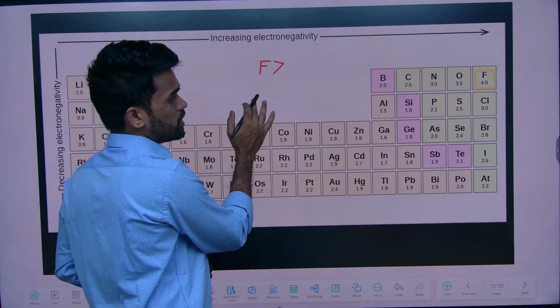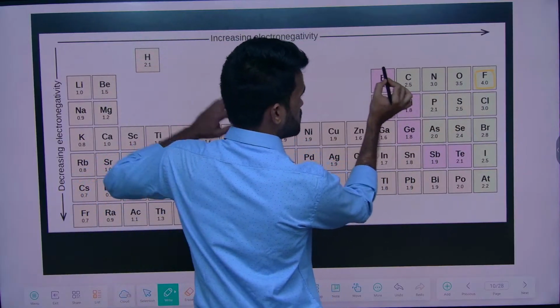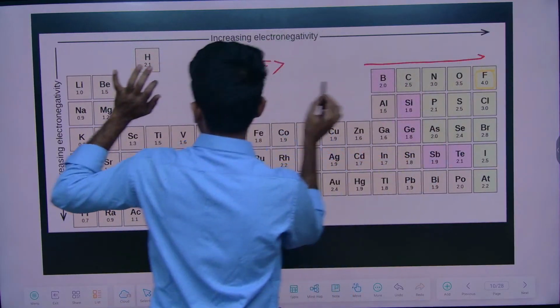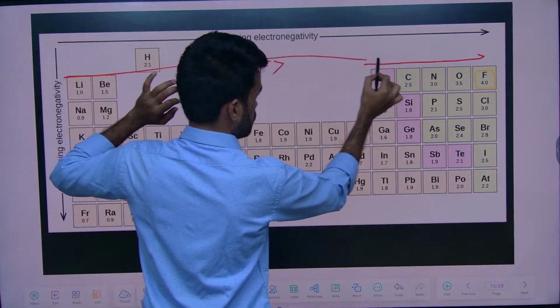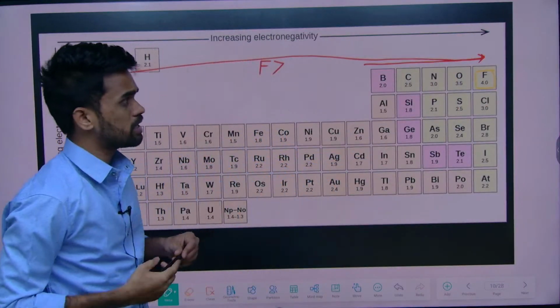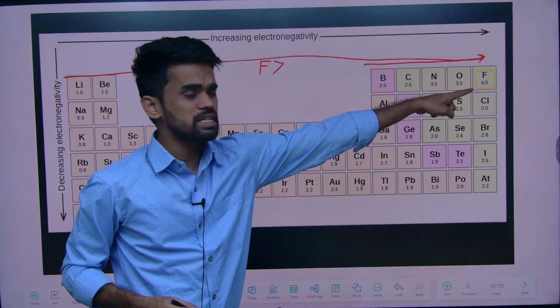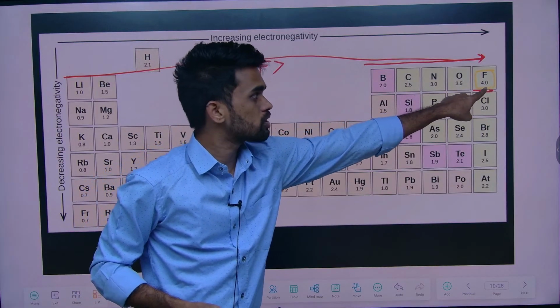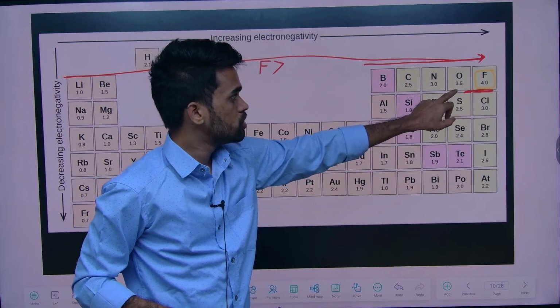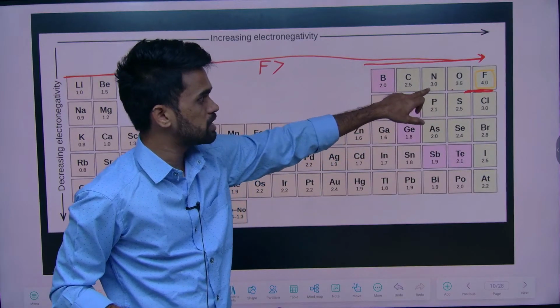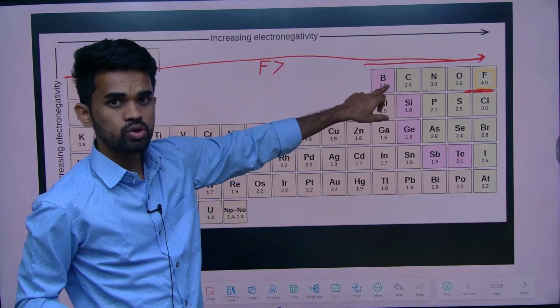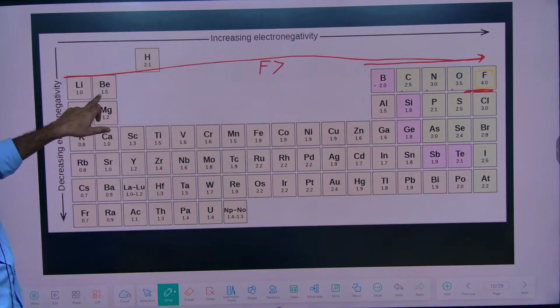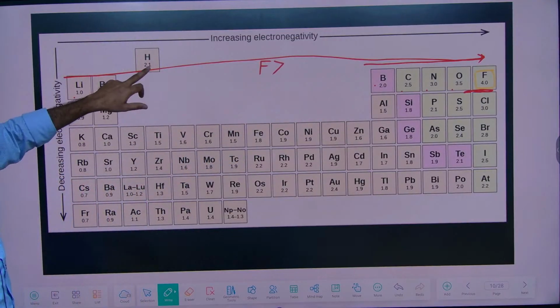Okay, and after that, if you move from this side also, see what is happening as we move from here to here like this. You check the element which is at the right side of the table is having more electronegativity, like 4.0. So here it is 3.5 only, here it is 3.0, 2.5, 2.0, here it is 1.5, 1.0, hydrogen 2.1.